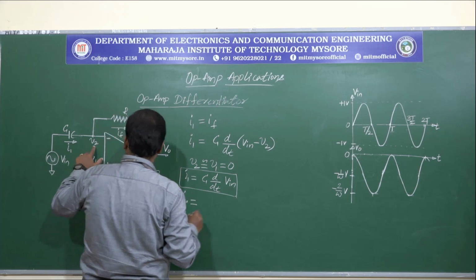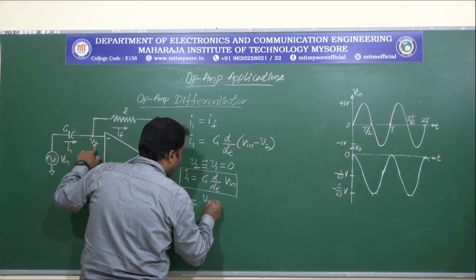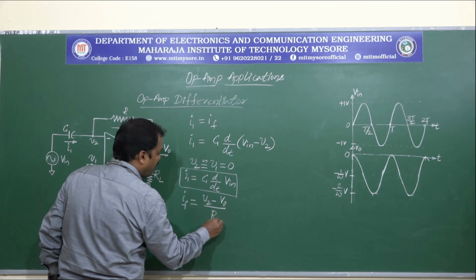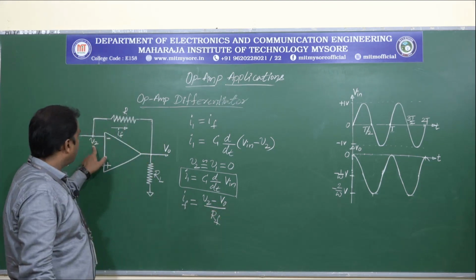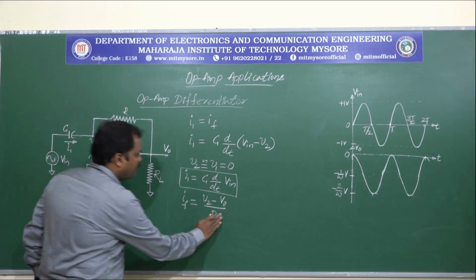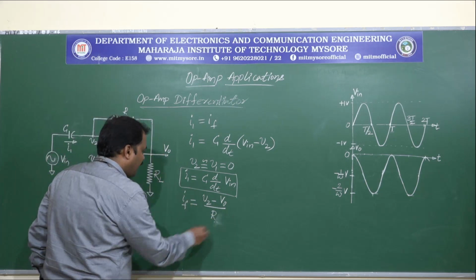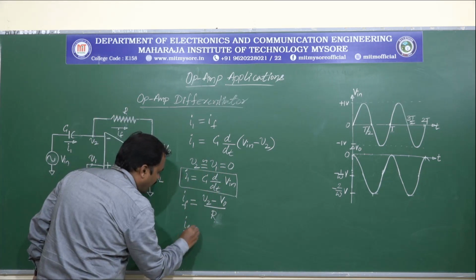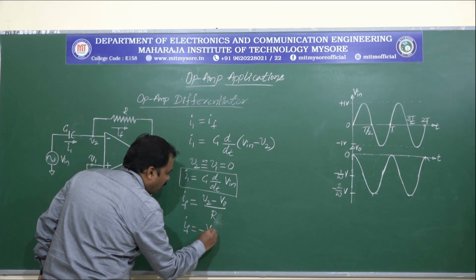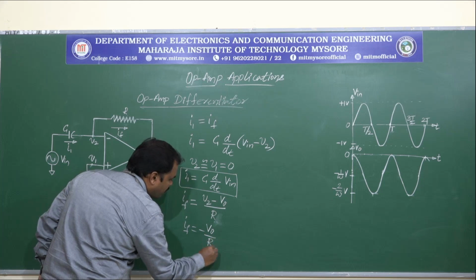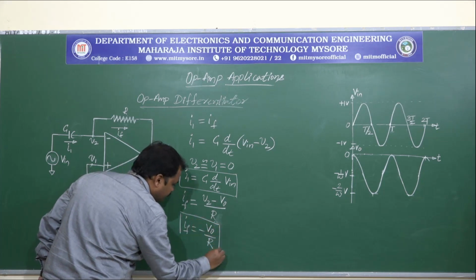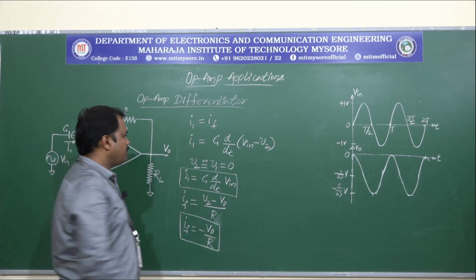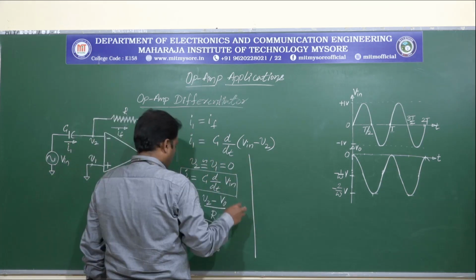And let us put up the expression for IF. So IF is given by (V2 minus V naught) divided by RF. So V2 minus V naught divided by R, and V2 is equal to 0. So IF can be written as minus V naught divided by R. So let us equate these two equations.